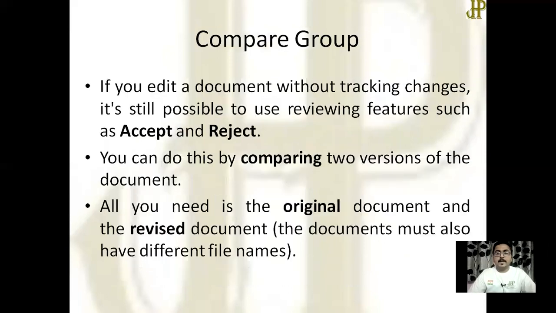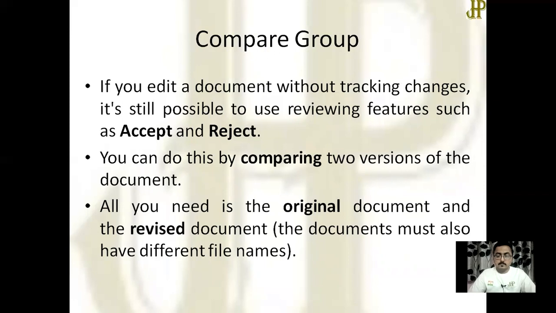Next one is the Compare group. If you edit a document without tracking changes, then the colored markup will not appear. But it's still possible to use reviewing features such as accept and reject. How? You can do this by comparing two versions of the document.